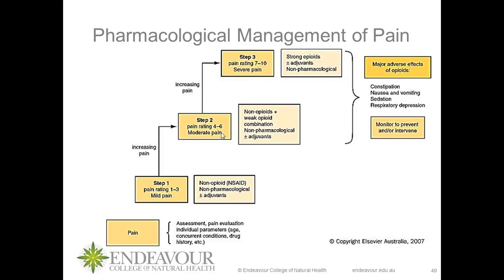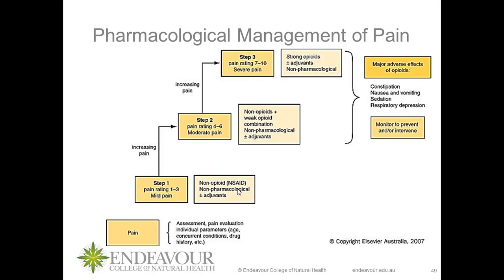If the pain then still increases, then we'll step up. If it improves, we will step down eventually to taking the person off the Western pharmaceutical management, getting them back on a non-pharmacological management of that pain. So, complementary therapies.